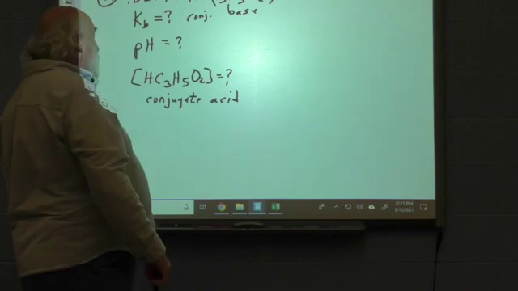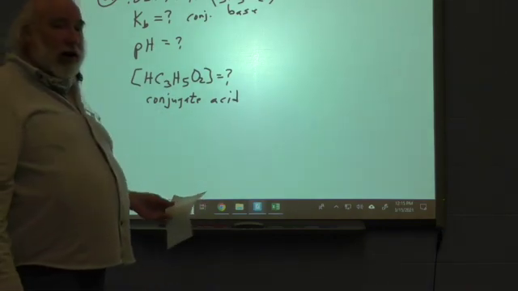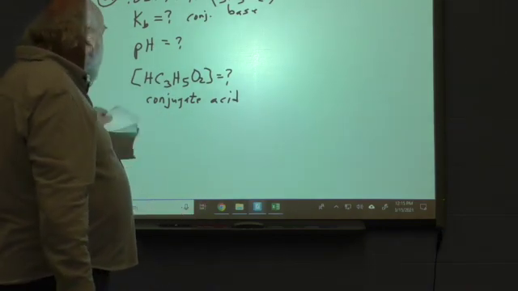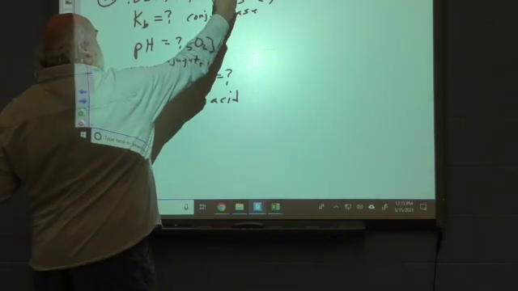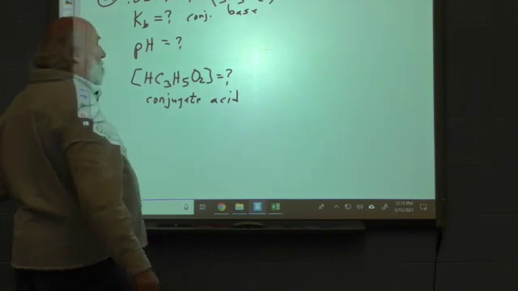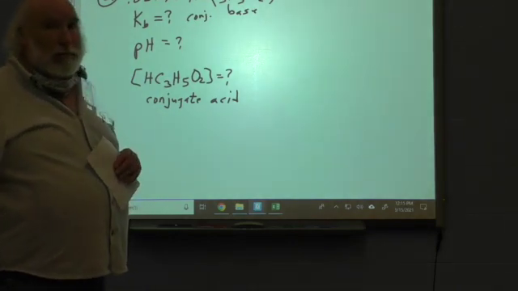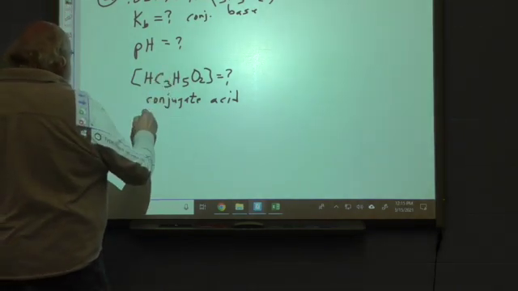And because they are related together like that, we can find the Ka of this, and then use that for my problem here for finding the pH of a base. So we need to find the Ka of this.